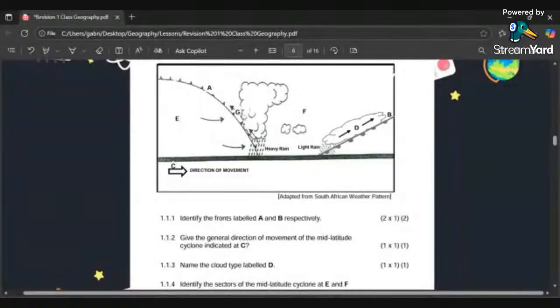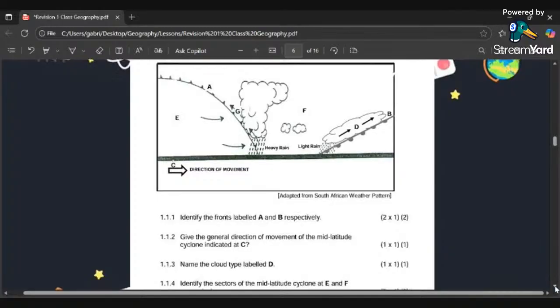So here's G over here. It is in the warm sector. This means the temperature which you would experience in this sector is very warm temperatures. So that is all about this question.